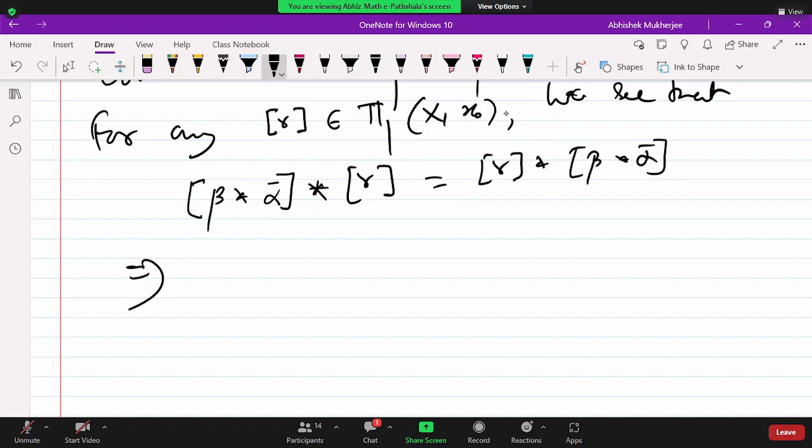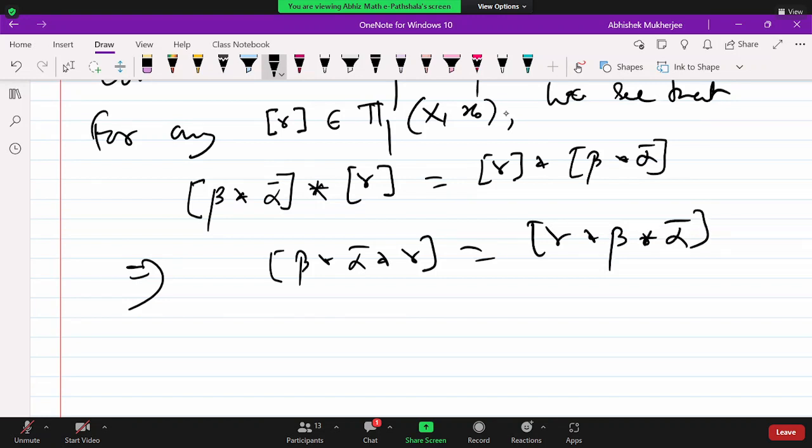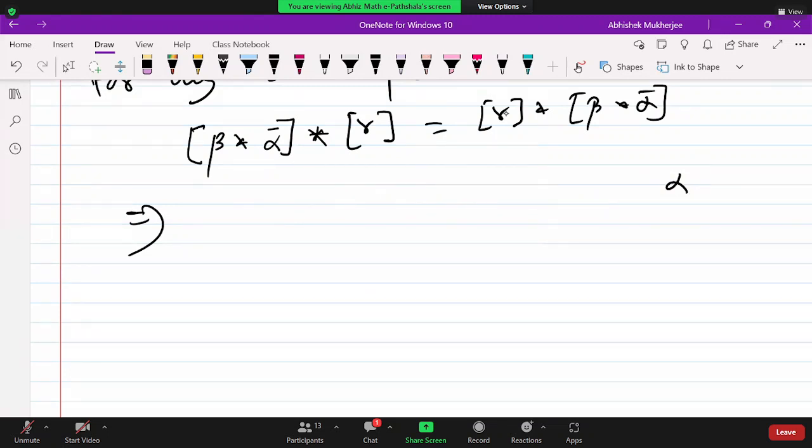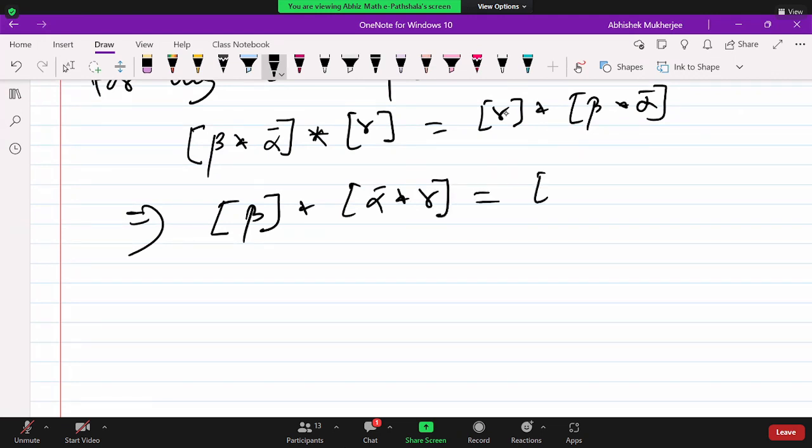So it is beta alpha bar star gamma, and it is gamma beta alpha bar, right? Okay, no, I'm sorry. Beta alpha bar star gamma, and this is gamma star beta star alpha bar.